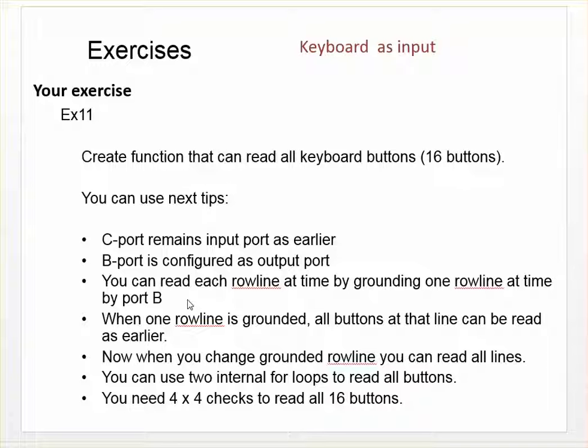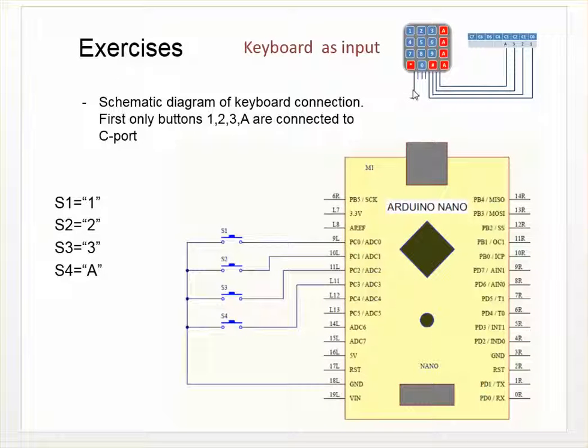And how does that help us? Earlier we grounded that one horizontal line, but how can we do that grounding in a more feasible way? We can use the P port for grounding these horizontal lines. In the earlier exercise we grounded this upper horizontal line, but now we have connected all these horizontal lines to the P port.